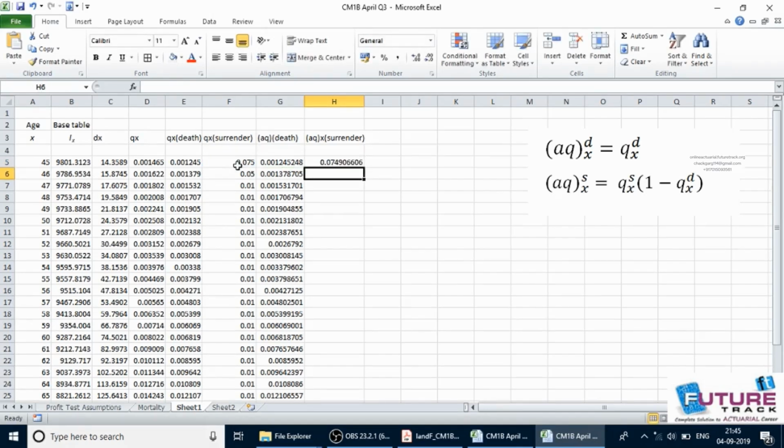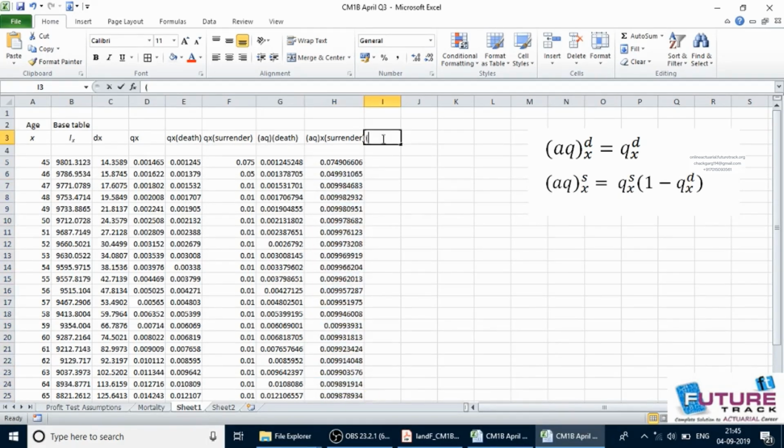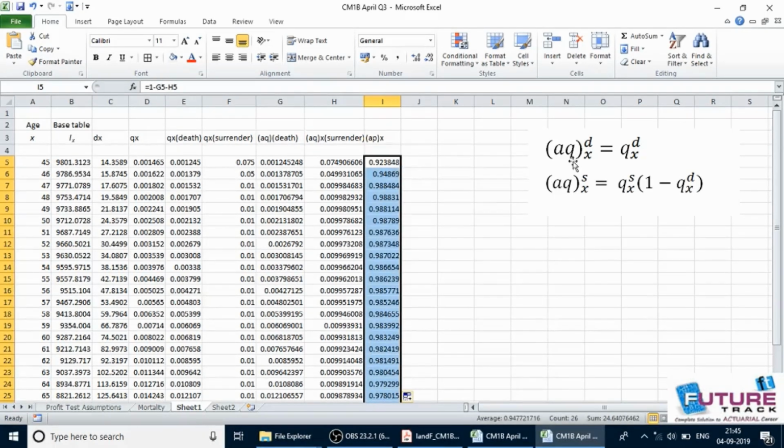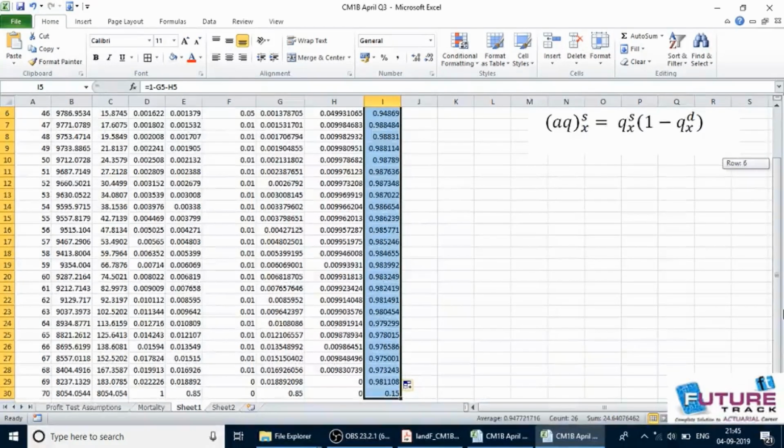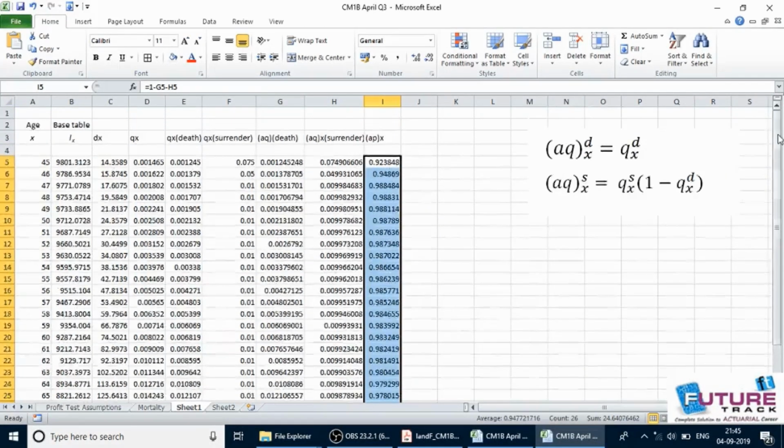Enter. So we get the surrender rates. And then we have apx, that is what? 1 minus death and the surrender. Fine. So we get the apx also. Double click this. So this is my multiple decrement table for this question.